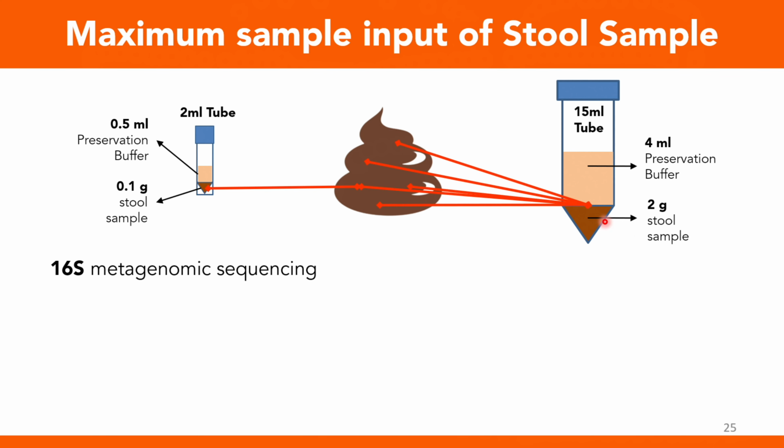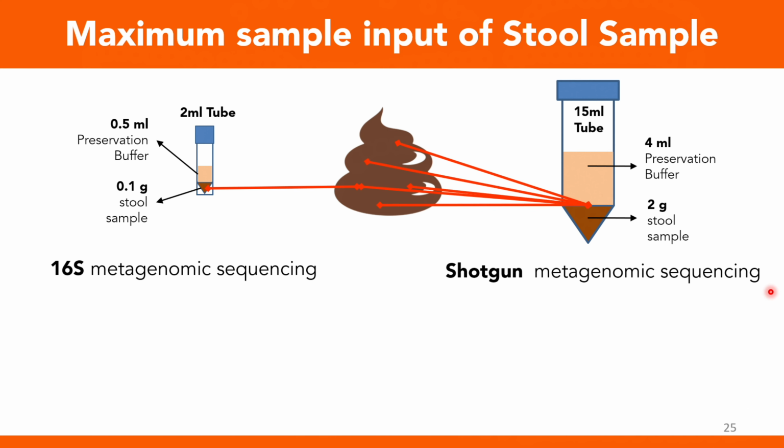So they want to collect more parts of the stool. So the sample becomes larger, not 0.1 gram anymore. It becomes 2 gram and is put into 4 milliliter preservation buffer. And they want to purify more bacterium DNA to do shotgun metagenomic sequencing. Based on this kind of sequencing, they can know more unknown bacterium and more information about it.